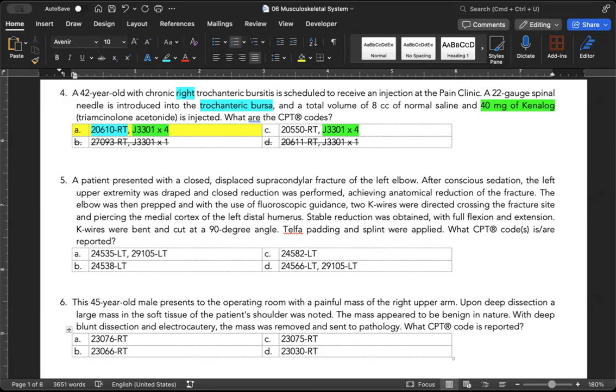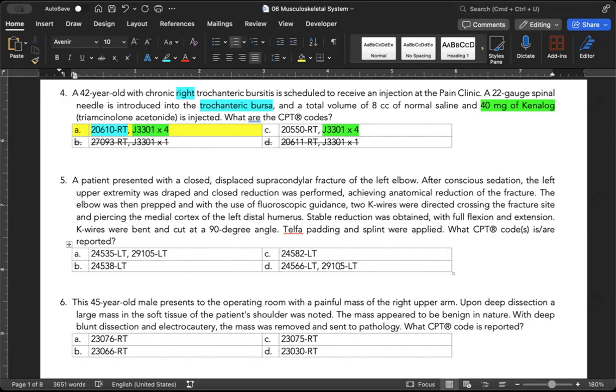Okay. So for this one, we have 2 that have 29105. So let's go take a look at that code and see what that is. So the 29105 is going to be the application of that stent, or the splint.